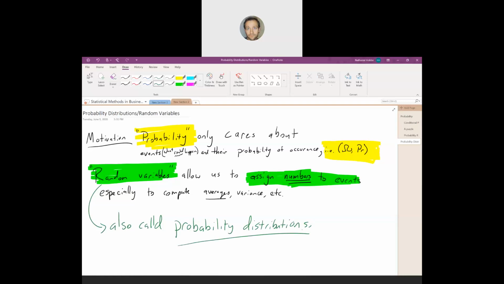I'll use both, but I think that a distribution is a better way to think about this instead of a so-called random variable. I'll talk about both, and I'll justify these things as we go on.